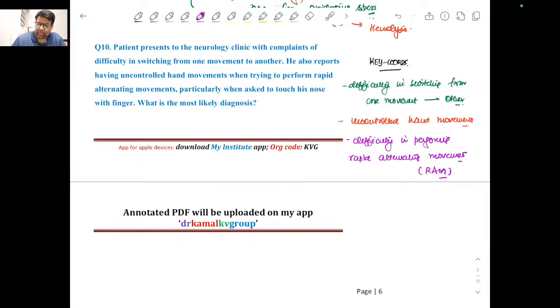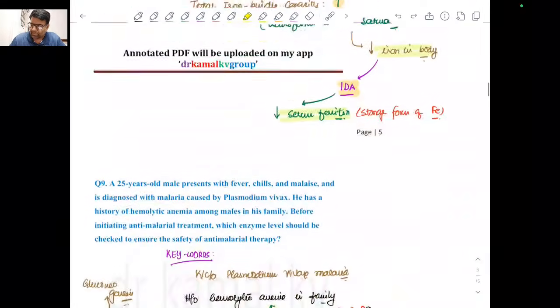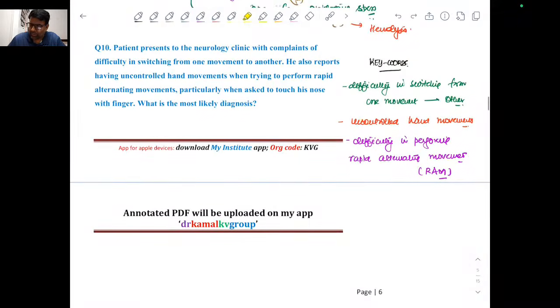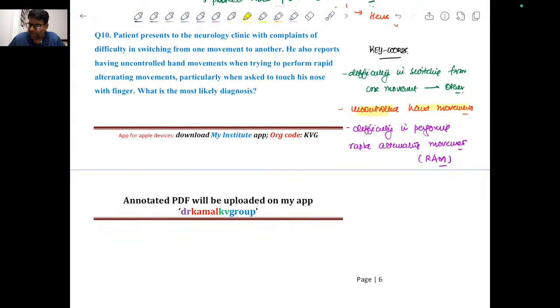Now, in this question, if you look at this particular keyword, uncontrolled hand movements, and this is particularly coming when the patient is trying to do rapid alternating movements. Now, this uncontrolled hand movement is known as tremors.